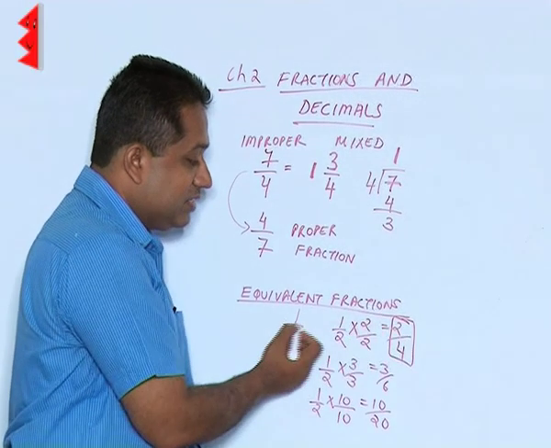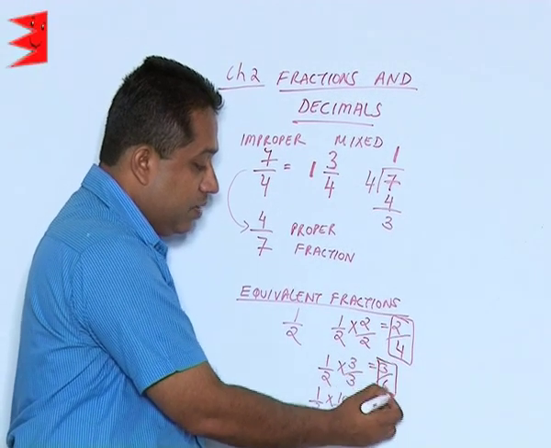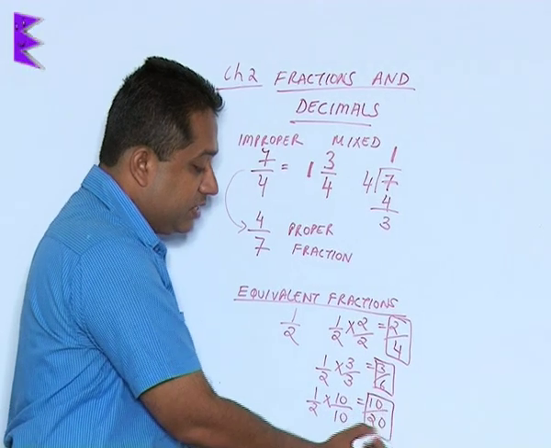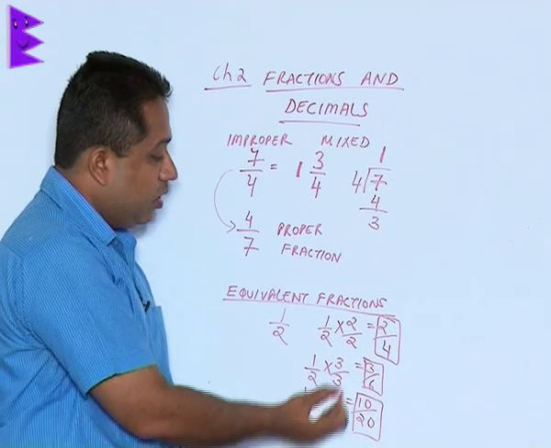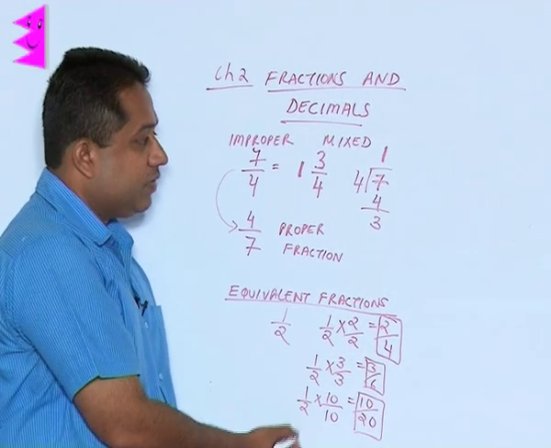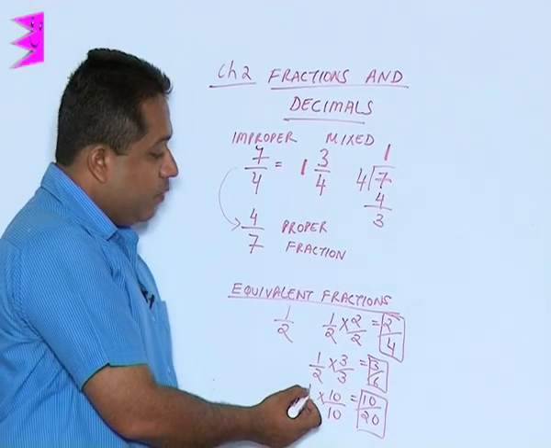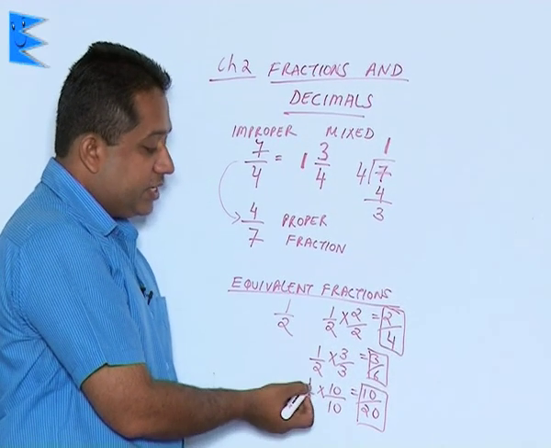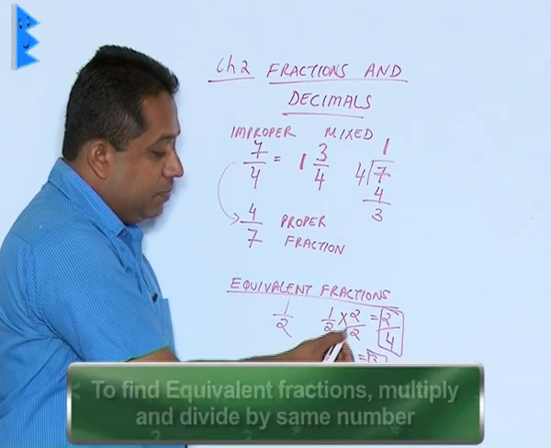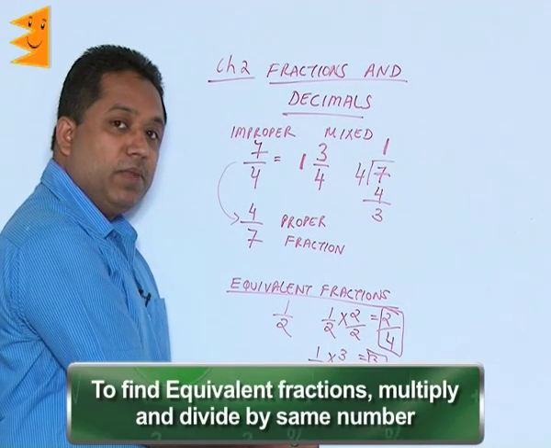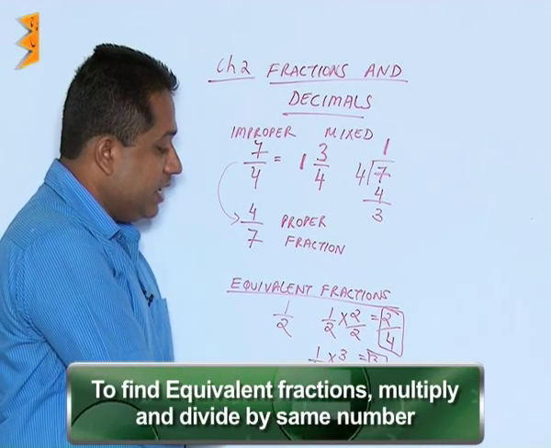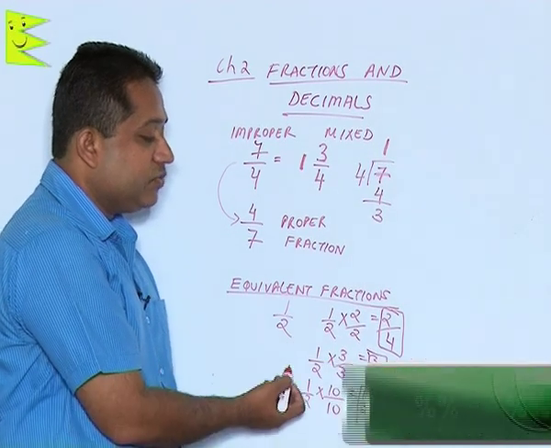So, 1 by 2 is the same as 2 by 4, it is the same as 3 by 6, it is the same as 10 upon 20. So, these are all examples of equivalent fractions. So, we can find out equivalent fractions by multiplying and dividing by the same number. So, infinitely many examples of equivalent fractions will be possible.